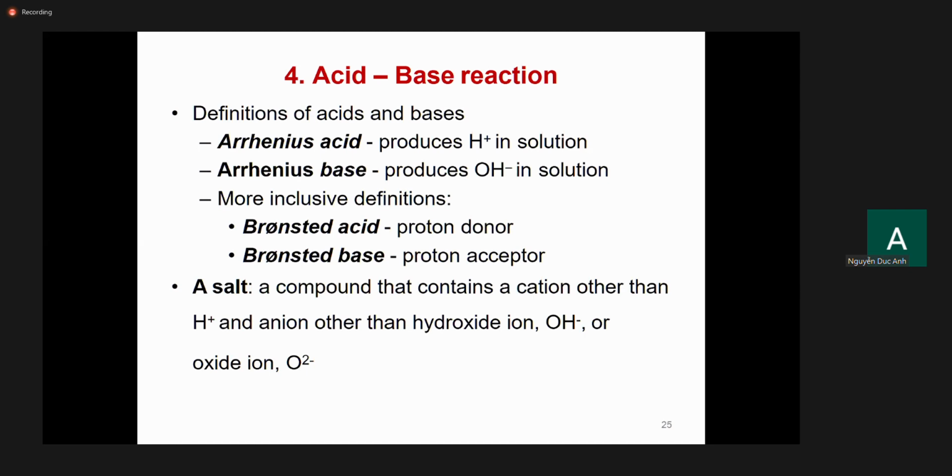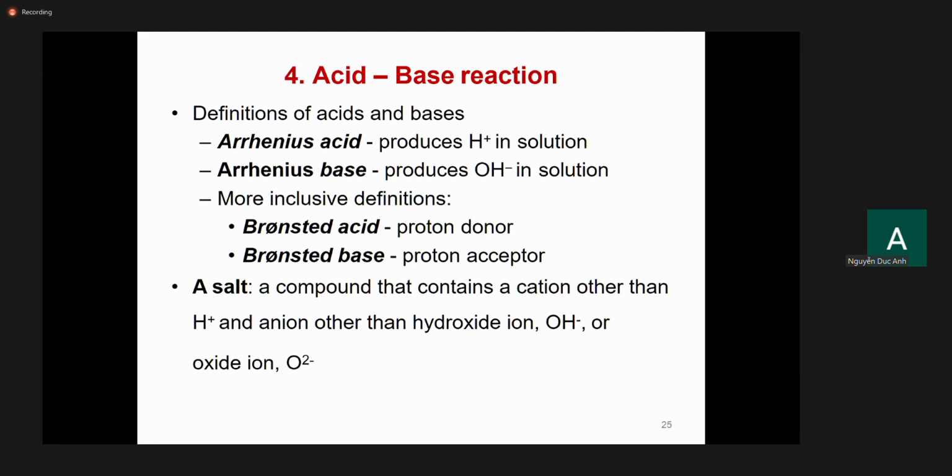The definition of acid and base according to the two theories: for the Arrhenius acid, it can produce protons in solution. Almost all acids contain protons, like HCl and H2SO4, and they can be considered Arrhenius acids. The Arrhenius base is something that can produce hydroxide ions in solution. So with the Arrhenius definition of a base, only compounds containing OH can be considered bases.